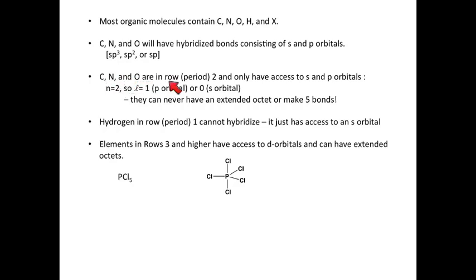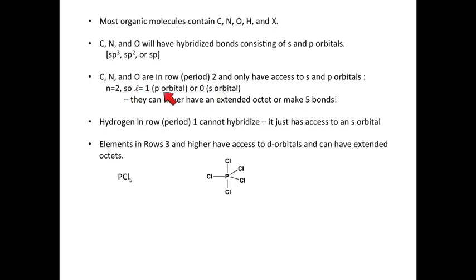Carbon, nitrogen, and oxygen are in row 2, or period 2, on the periodic table. That means they only have access to s and p orbitals. If you remember studying quantum mechanics, the principal quantum number n equals 2 for carbon, nitrogen, and oxygen, since they are in row 2. And then the second quantum number, or the orbital quantum number, is L. So when n equals 2, L can only be equal to 1 or 0.